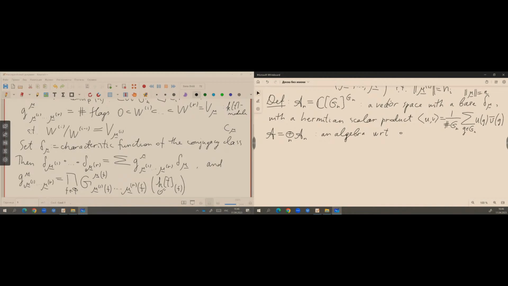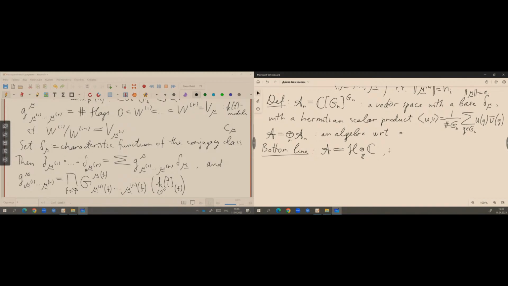Okay, and another conclusion is that A is isomorphic to the whole algebra with the scalars extended to complex numbers, because we consider complex valued functions.